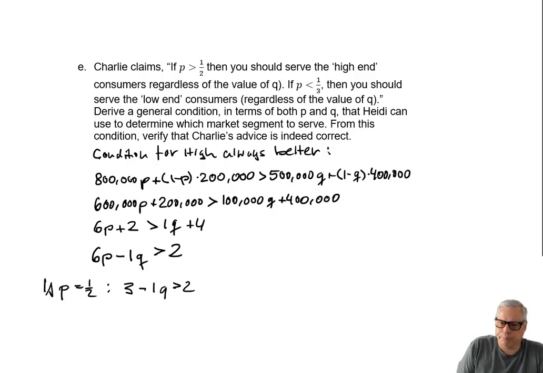Okay, but if the probability of a favorable condition in the high-end market is less than 1/3, let's check what happens if this is 1/3. Then we get 6 times 1/3, which is 2.